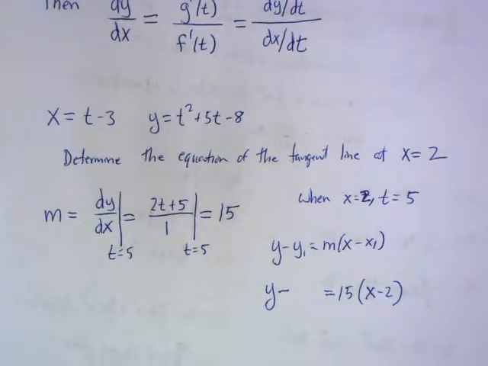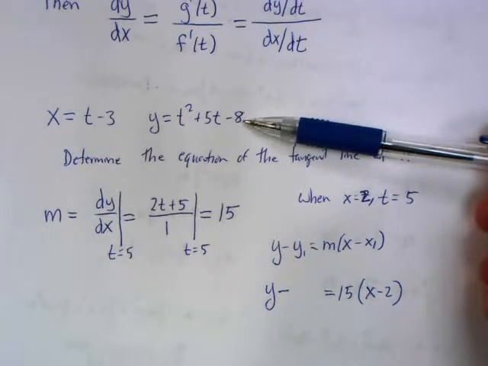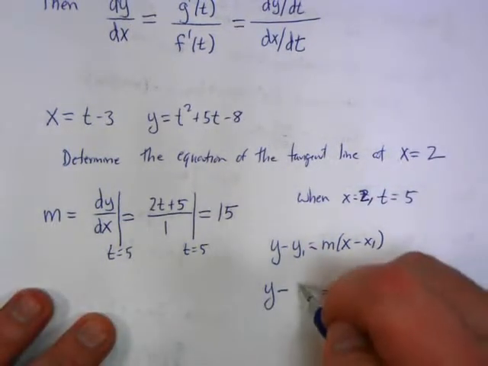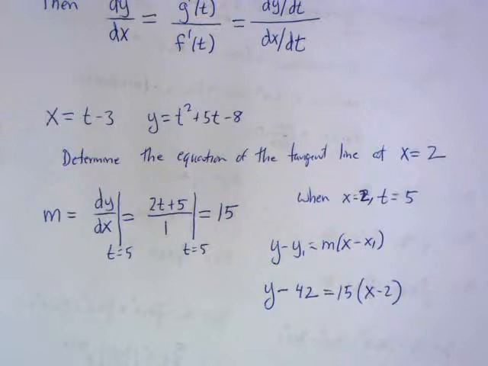What's my y1 number? You plug the t equals 5 into the y equation. When x equals 2, I know t is 5, so I'm going to take 5 and plug it into the y formula, and that's going to give me my y number. Let's see, that's going to be 25 plus 25 minus 8. That's 42. Questions on that?